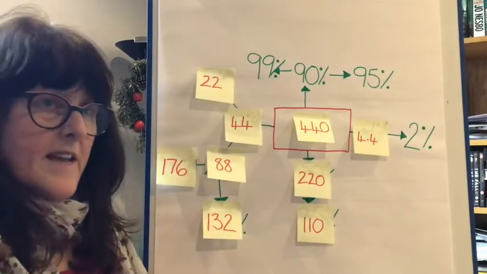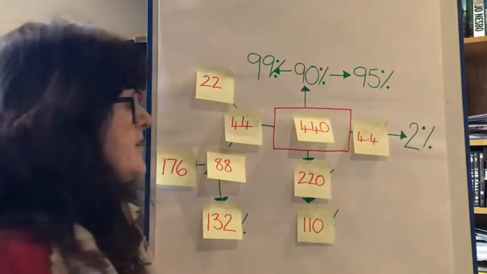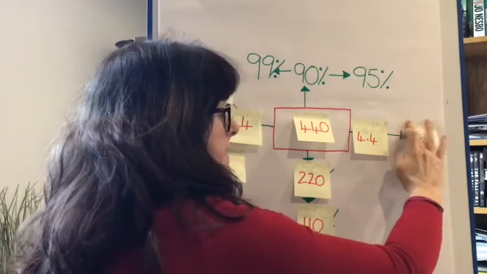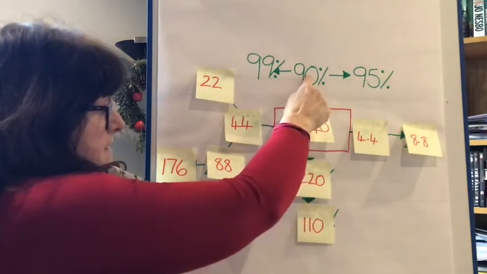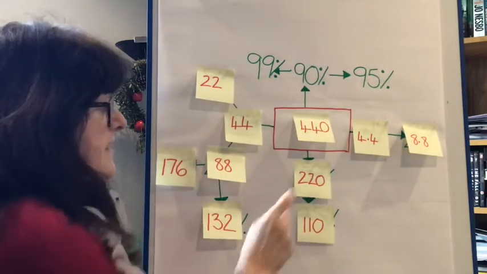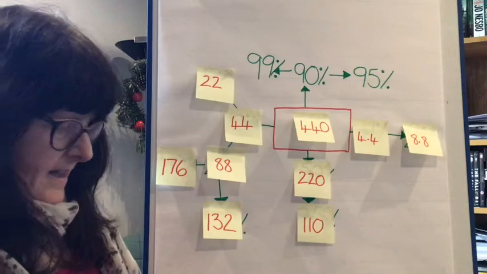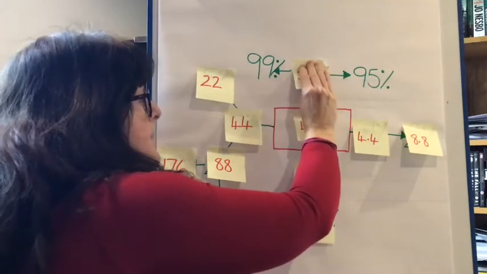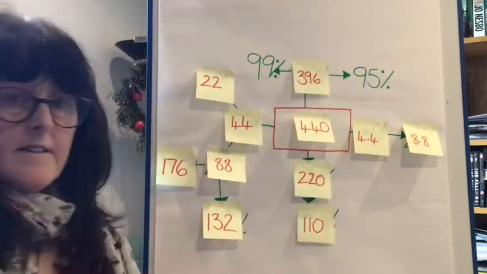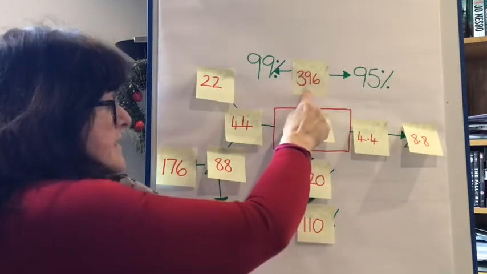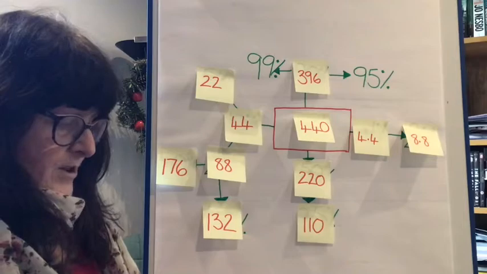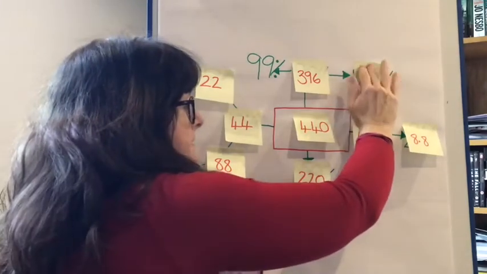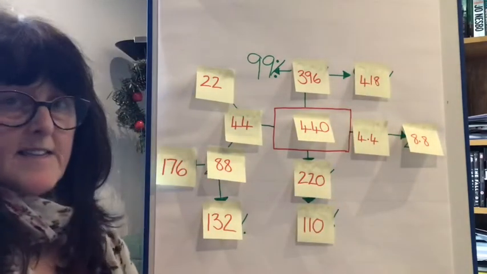I know 1%, I just need to double it to make 2%. That would be 8.8. Now for 90%, I've added 40% and 50%, and I got 396, and to 90% I needed to add 5%, which brings me to 95%, which is 418.